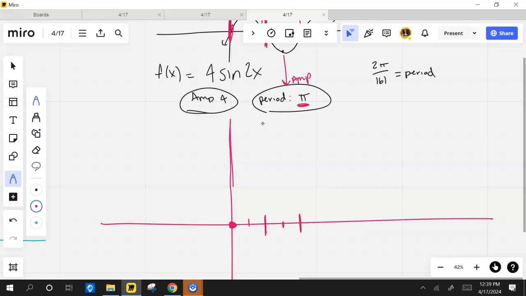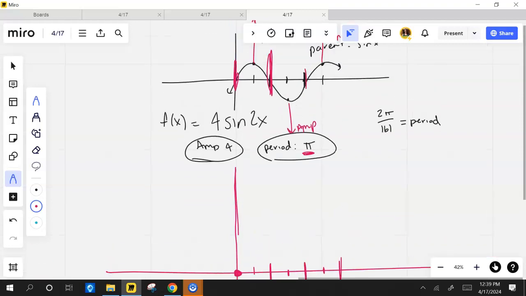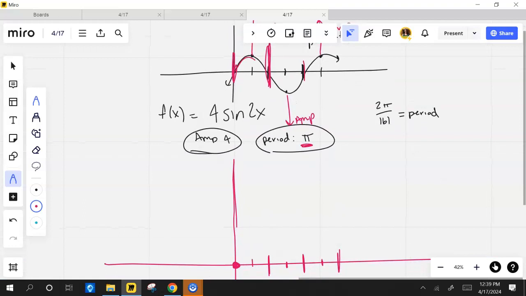So before, I did a whole entire cycle by the time I hit 2 pi. But changing it to pi means I've got to squish everything in so that this whole cycle is happening in 1 pi instead of 2 pi.